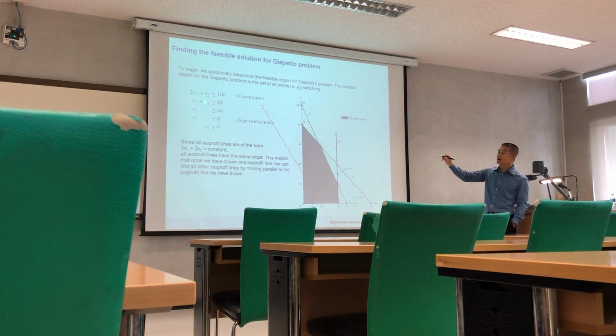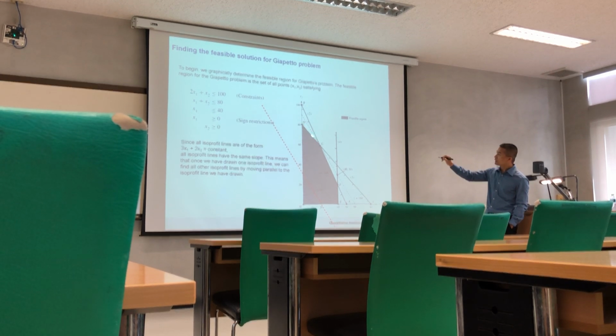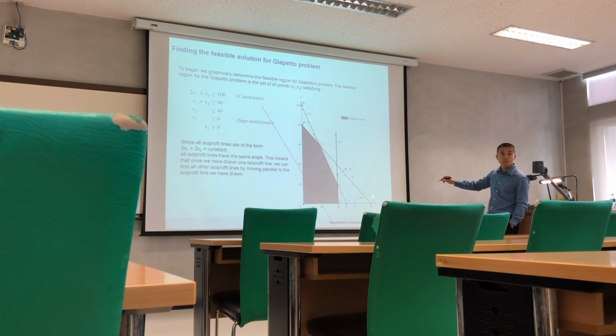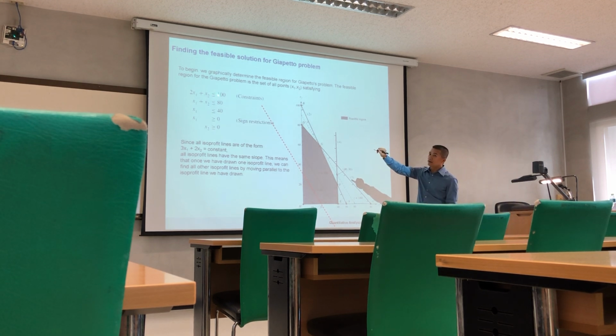The next one, x1 plus x2 less than or equal to 80, gives you this line. So this is the inequality 2x1 plus x2 less than or equal to 100.